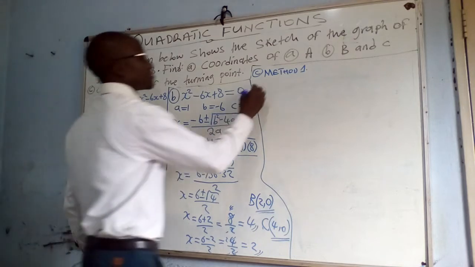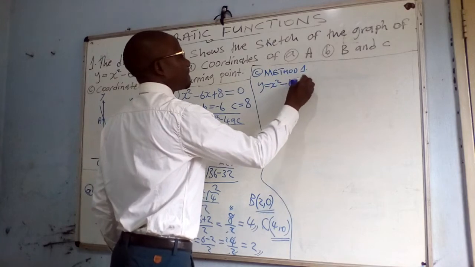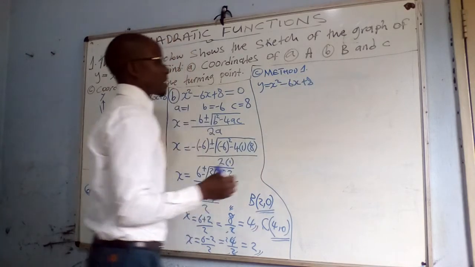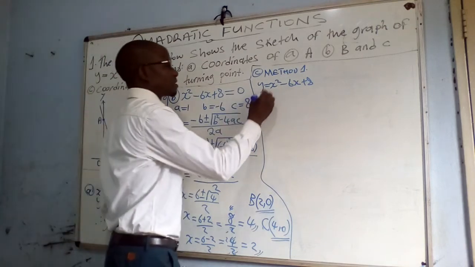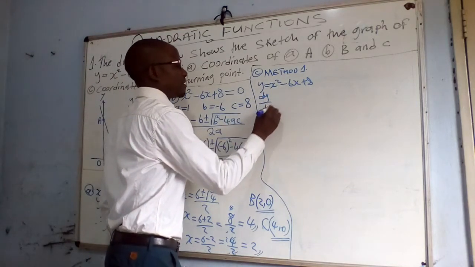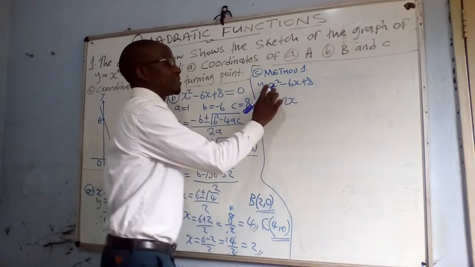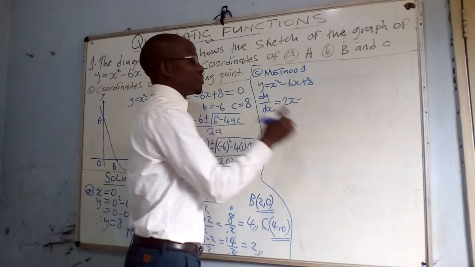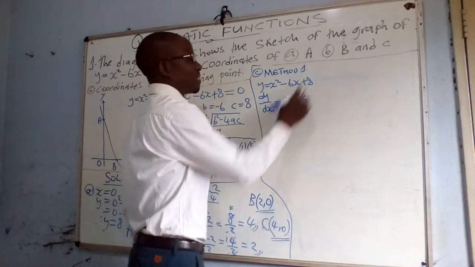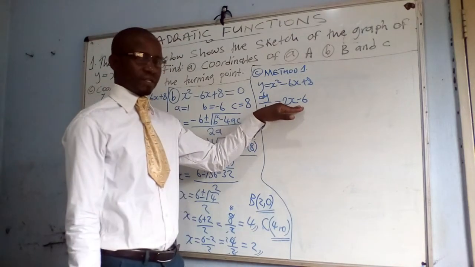This is y equal to x squared minus 6x plus 8. Differentiate this using calculus. dy/dx is equal to 2x when you differentiate that, minus, when you differentiate 6x, what do you get? You get 6. This is a constant, so it will just be a 0. This is our gradient function.